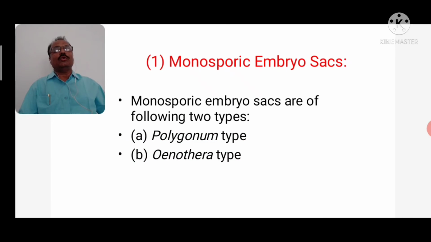Number 1, monosporic embryo sac. A single functional megaspore is involved in the development of the embryo sac. Monosporic embryo sacs are of the following two types: Polygonum type and Oenothera type.